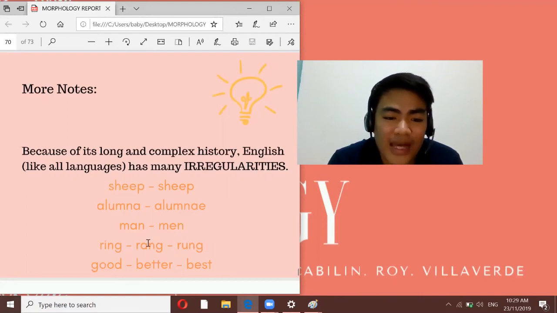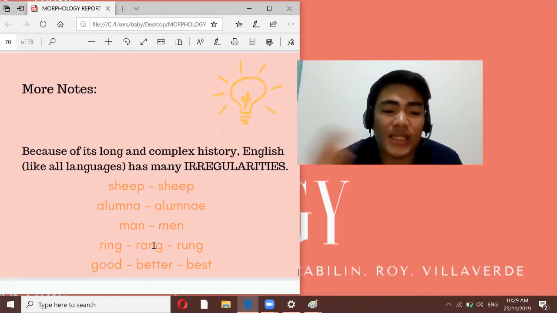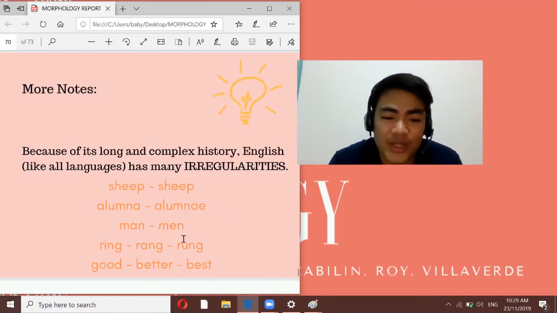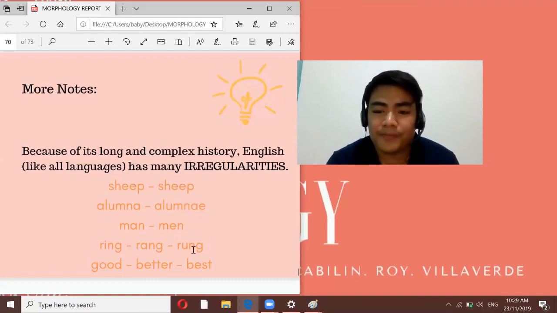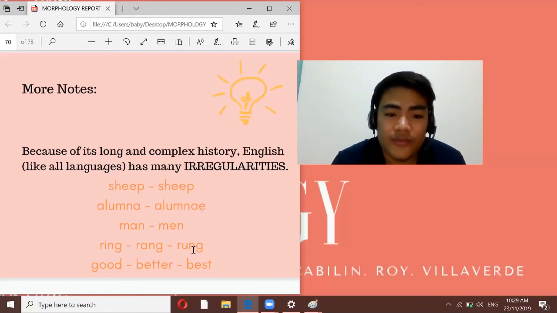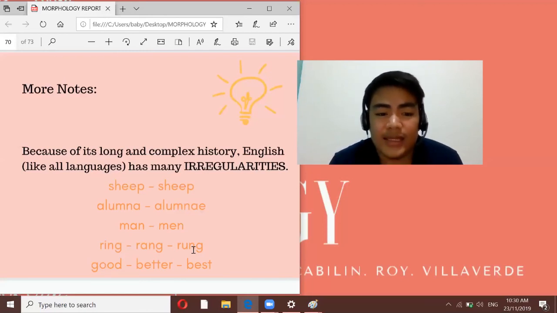For the past tense form of this verb, we don't add the standard inflection ed, and for the past participle of this verb, we don't add the standard inflection for past participles, en.